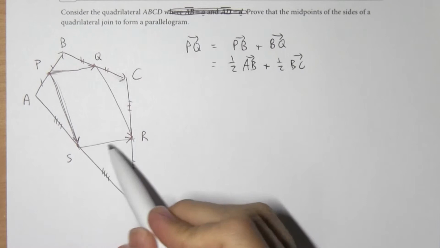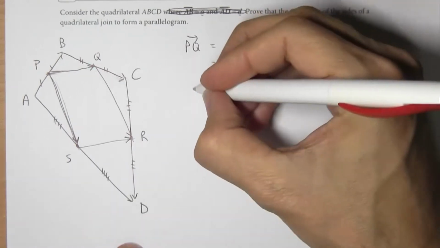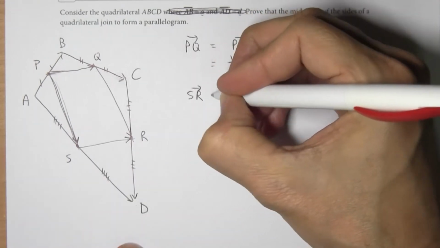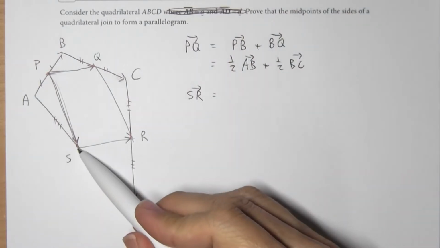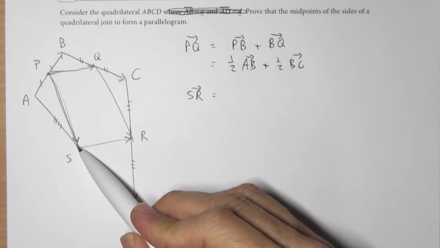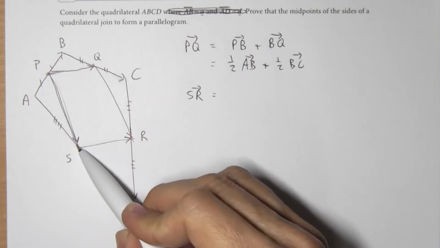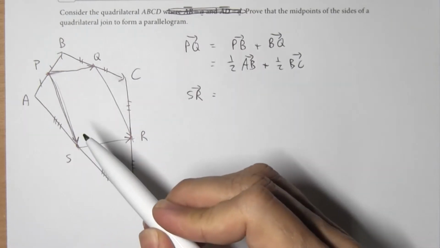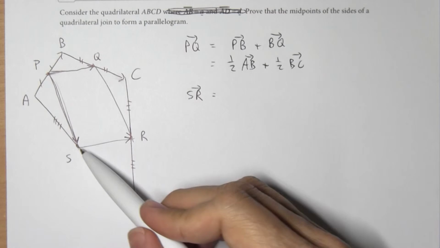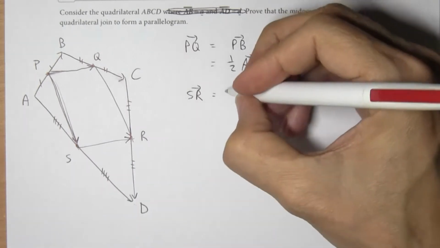Now, let's think about SR. The vector SR is, now I'm actually going to go, which way am I going to go to get here? Oh, SR, I'm going to go via D, okay?